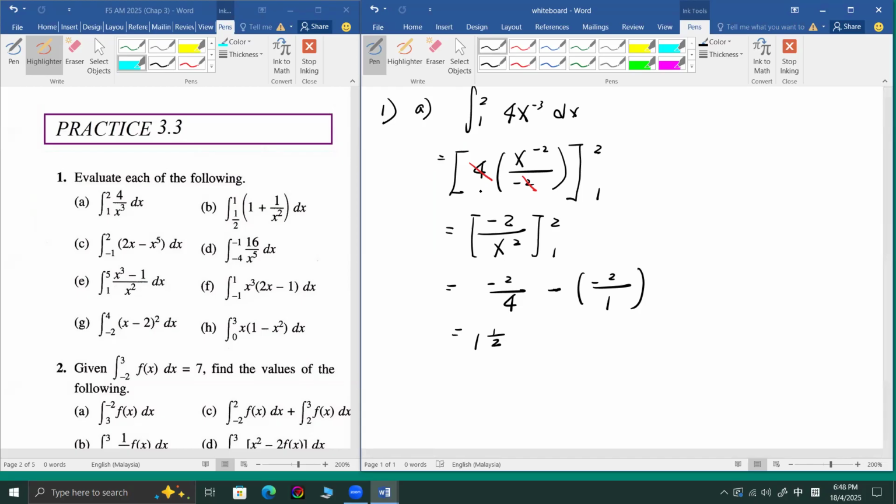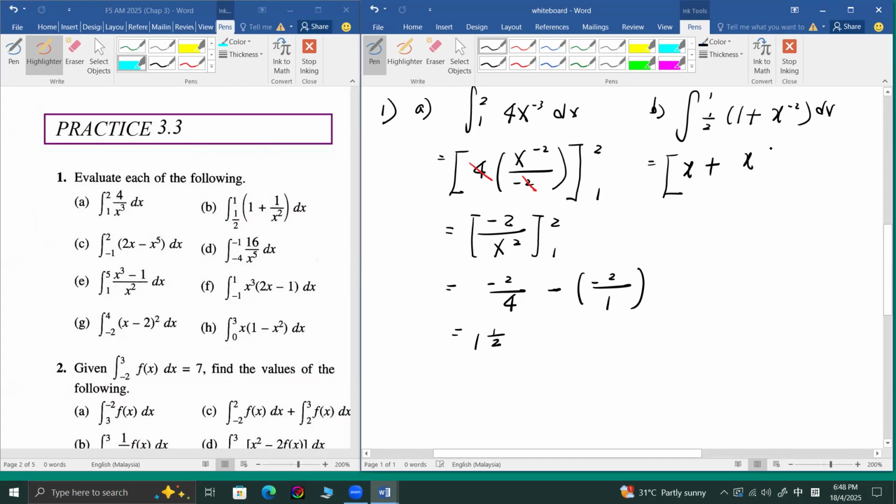One more, listen to me, then the rest, same thing, I leave it to you. See, 1/2, 1 plus, shift the power up. Start to do the integration. -2 plus 1 is -1, so 1/2 times... Simplify in the bracket first.